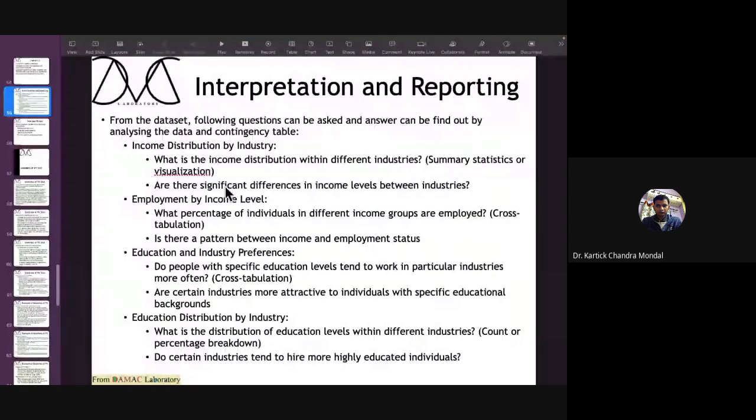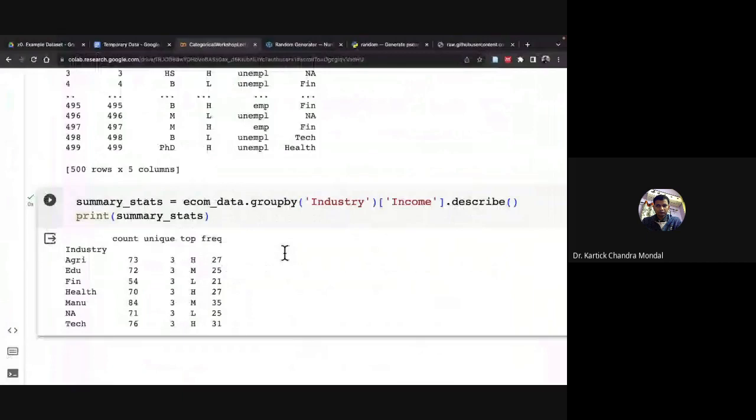Are there significant differences in income level between industries? If you look at this, the finance sector and those having not available data mainly belong to the low income group.